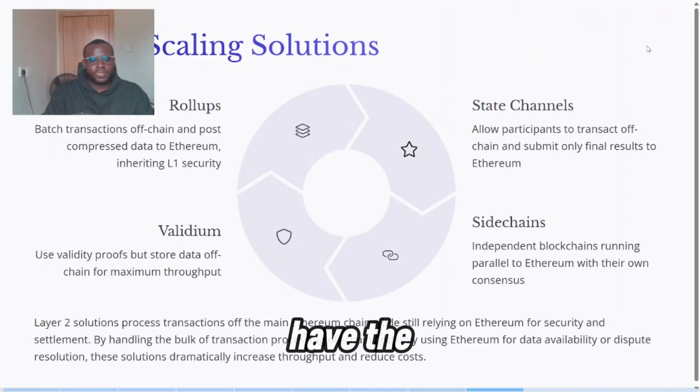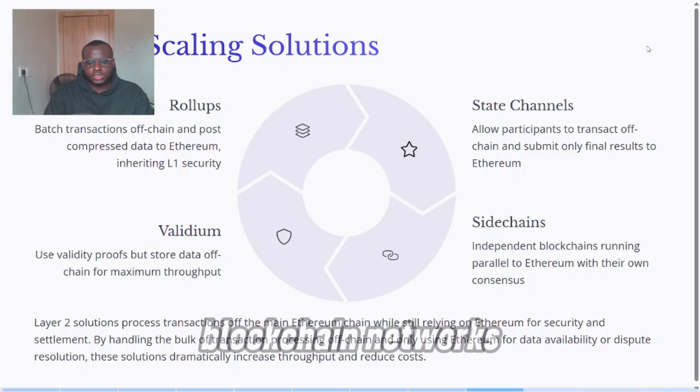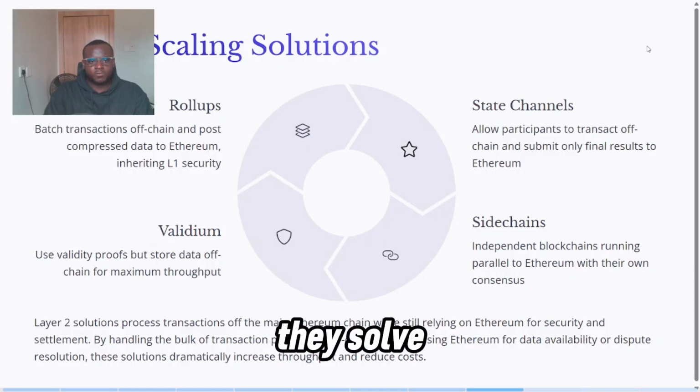So we have the layer 2 solutions, and this is very important because a lot of popular networks out there are built on existing blockchain networks. The reason those are so popular is because they solve a particular scaling problem.